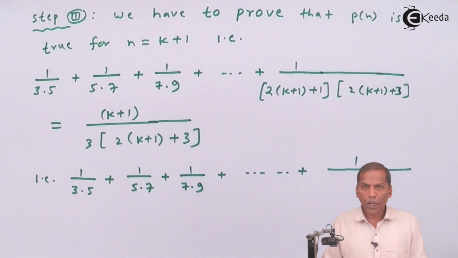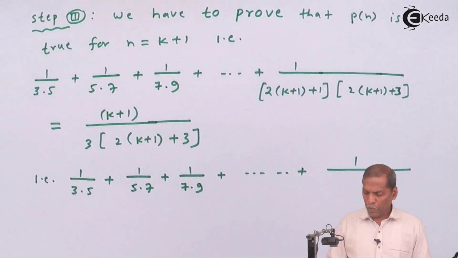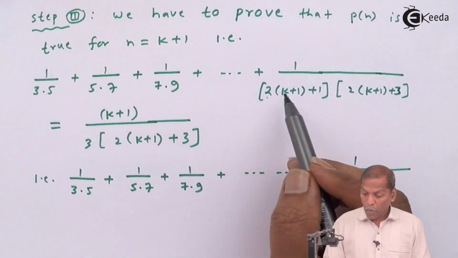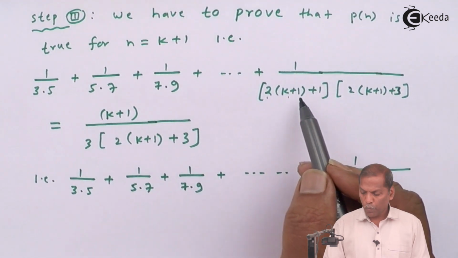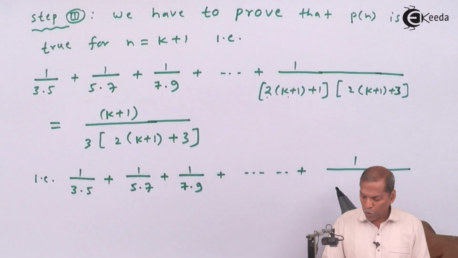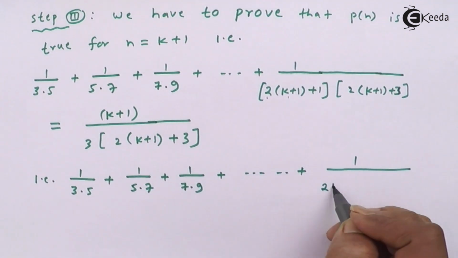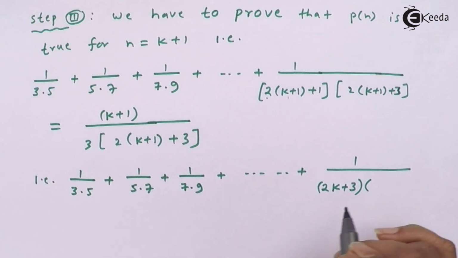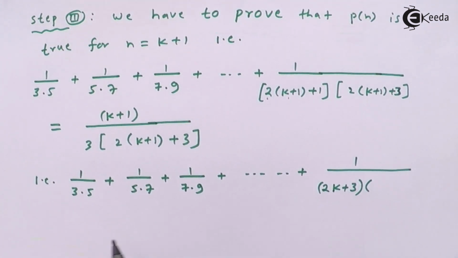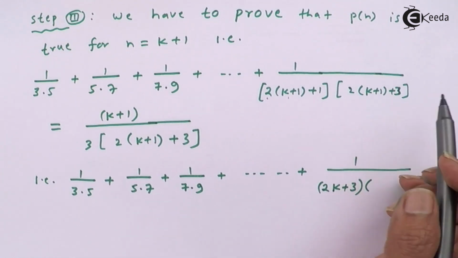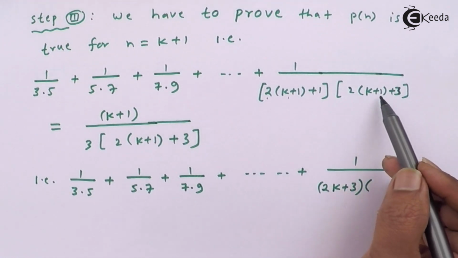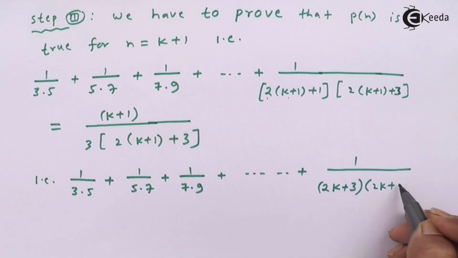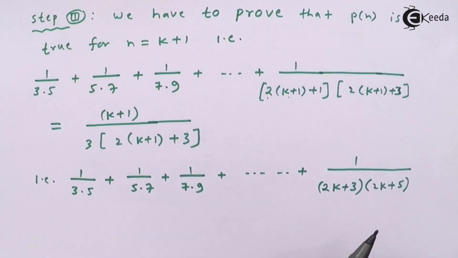Now, on further simplifying, we get 2k plus 2 into 1 plus 1, so totally the first bracket gives us 2k plus 3. If we simplify the second bracket, then we get 2k plus 2 into 1 plus 3, so we get totally 2k plus 5.